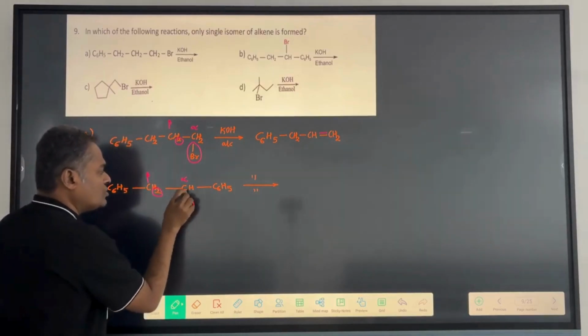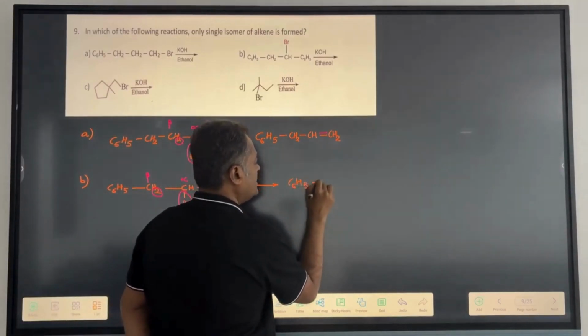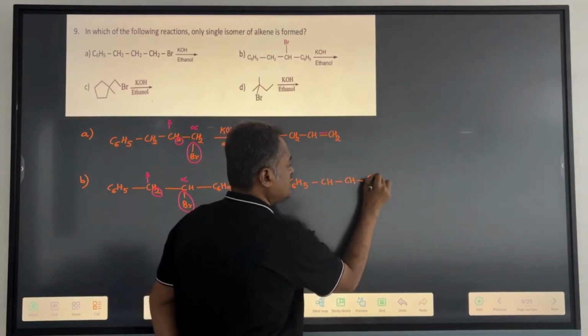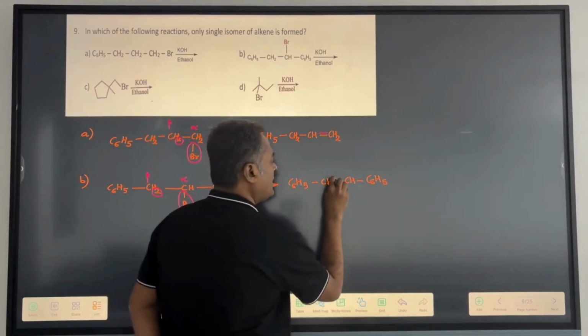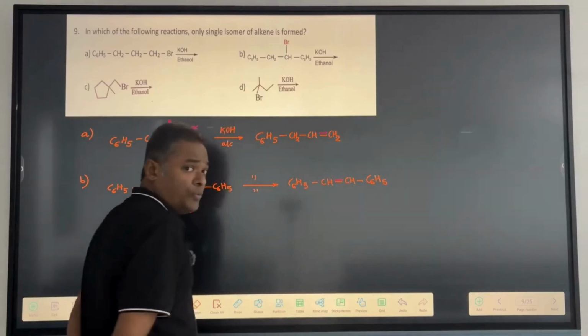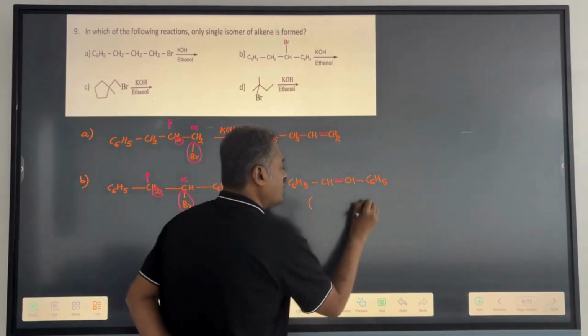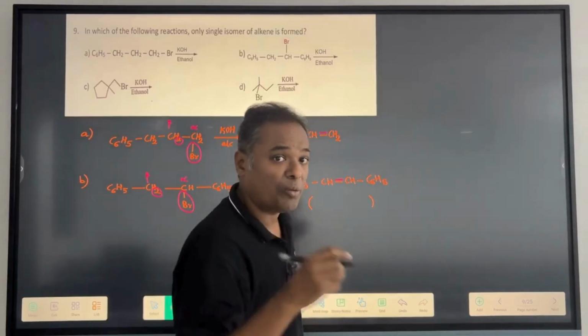So your leaving group goes out, the product obtained would be C6H5, CH, CH and C6H5. Since both the groups have been removed from alpha and beta, you will have a pi bond over here formed. Now over here you can see there is one alkene, but this one alkene will be nothing but a mixture of 2 isomers, because this alkene can show geometrical isomerism.